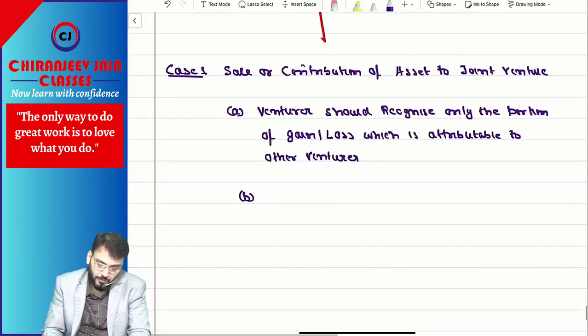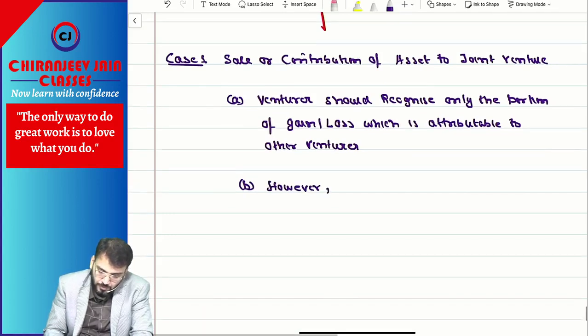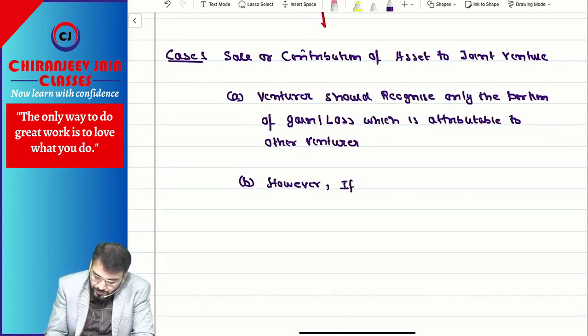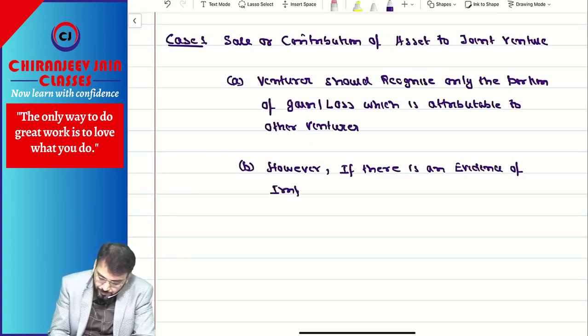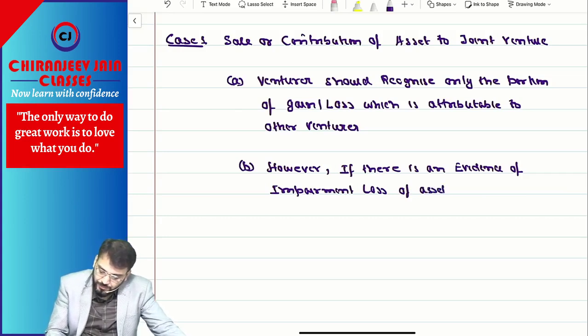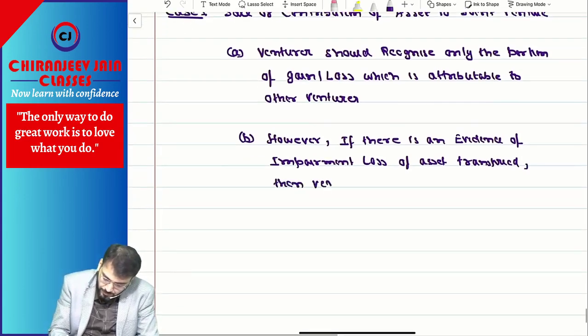Point number B. However, if there is an evidence of impairment loss of asset transferred, then venturer should recognize what?